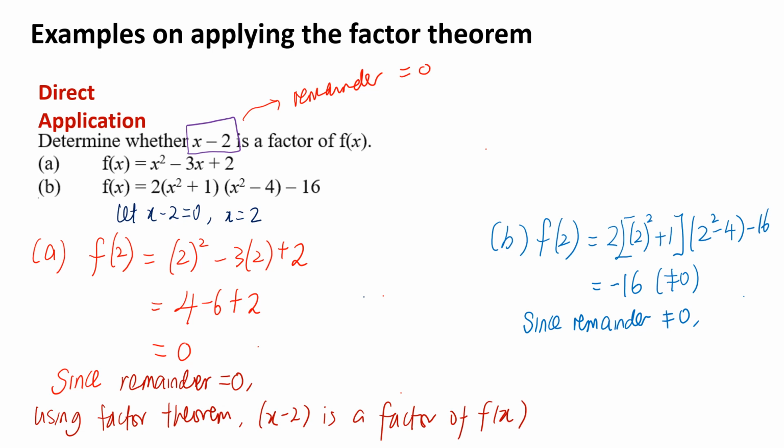So since the remainder is not equal to 0, hence x minus 2 is not a factor of f of x. Okay, so this is how you can test out the applications of the theorem.